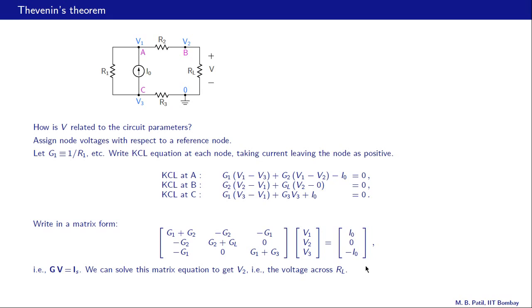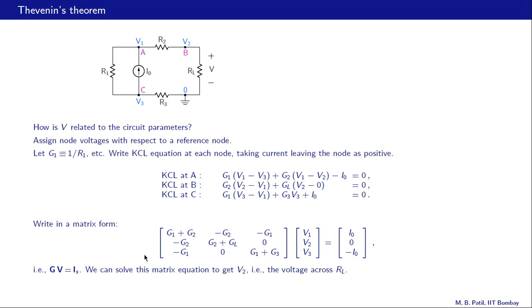Alright, now if you recall, our objective is to find a relationship between V and the rest of the circuit, and in order to do that, we want to solve this matrix equation, and obtain V2, since V2 is the same as V here, because this node voltage is 0.